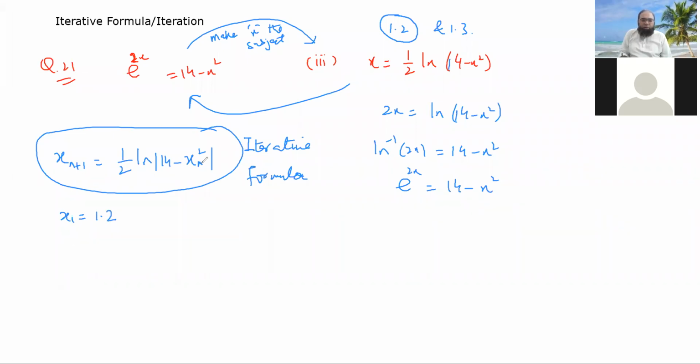When you put this x1 here, n is 1, this will become 2 over here. So your x2 will be half ln of 14 minus, I'll put that 1.2 in the brackets, and then there is a square.